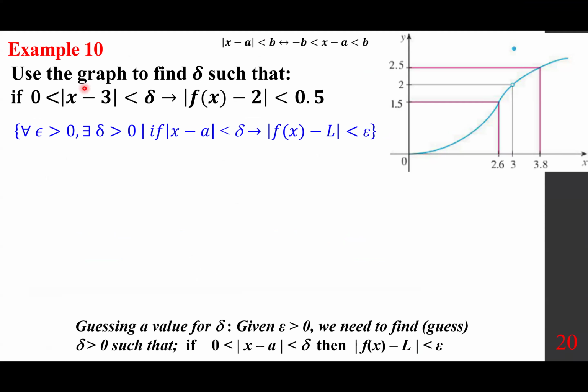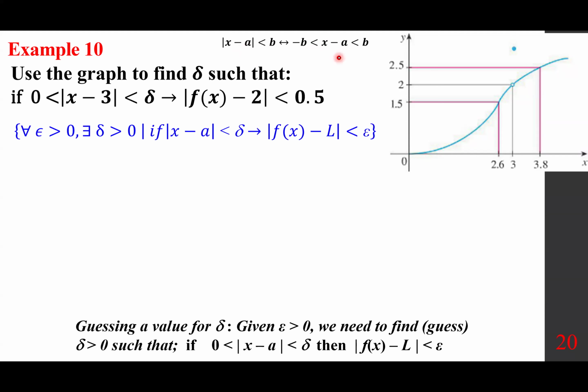Example 10: use the graph to find delta such that if absolute value of x minus 3 is between 0 and delta, absolute value of f of x minus 2 is less than 0.5. Now, a couple of things I want to mention. Again, I'm reminding you that if we have something like that, that means x minus a, as long as b is positive, is sandwiched between negative b and b.